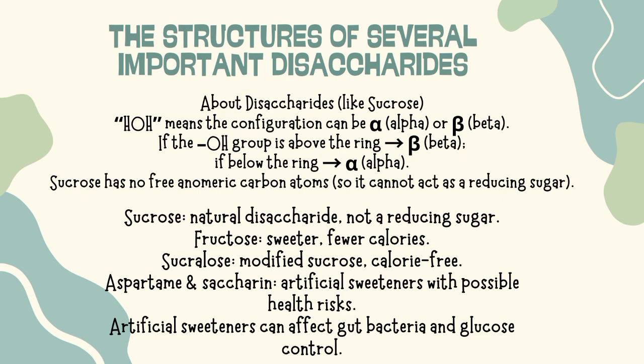Above the ring is beta, below is alpha. Sucrose, glucose plus fructose, has both anomeric carbons joined, so it has no free carbon, meaning it's not a reducing sugar. Fructose is sweeter and has fewer calories than sucrose.